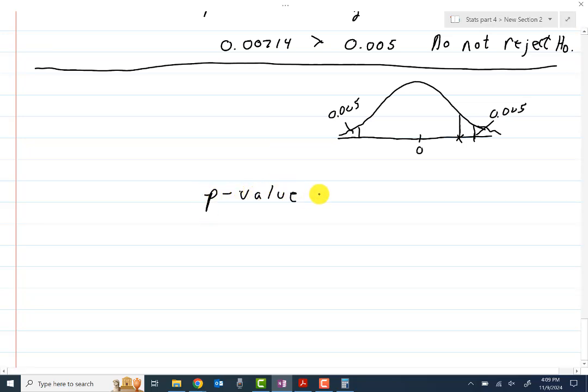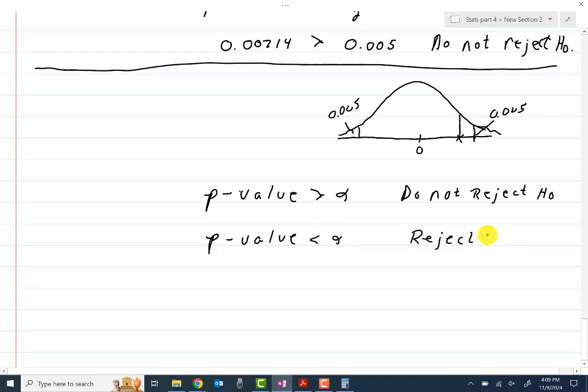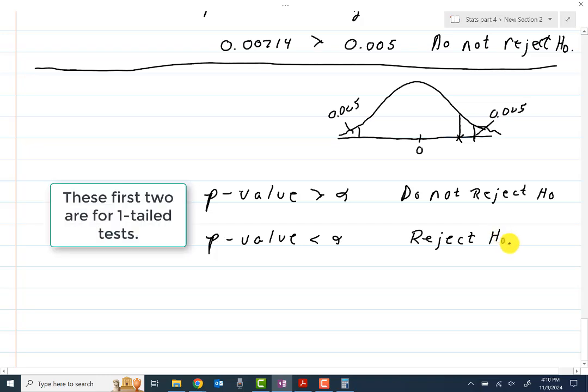In general, if the p-value is greater than alpha, we do not reject H naught. On the other hand, if the p-value is less than alpha, we reject H naught. And sometimes you're going to have to test for half alpha.